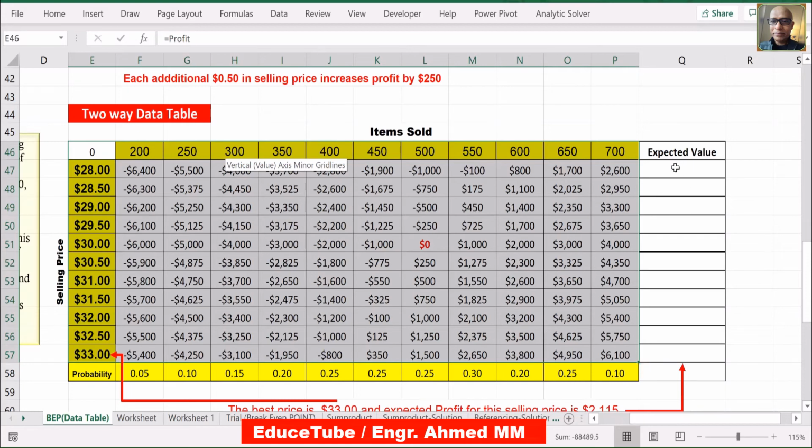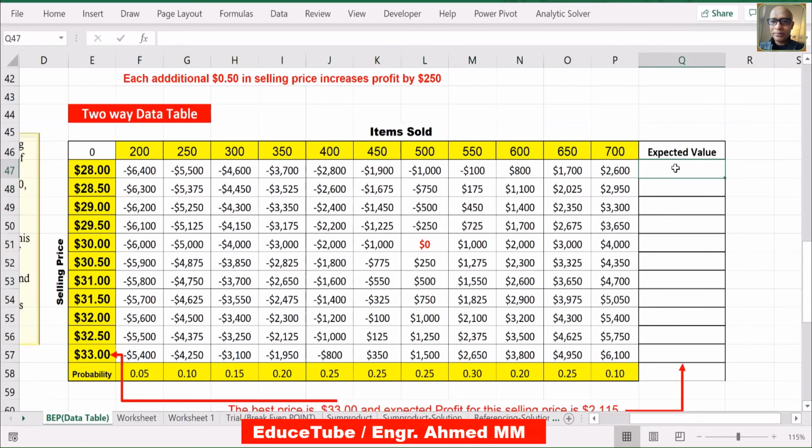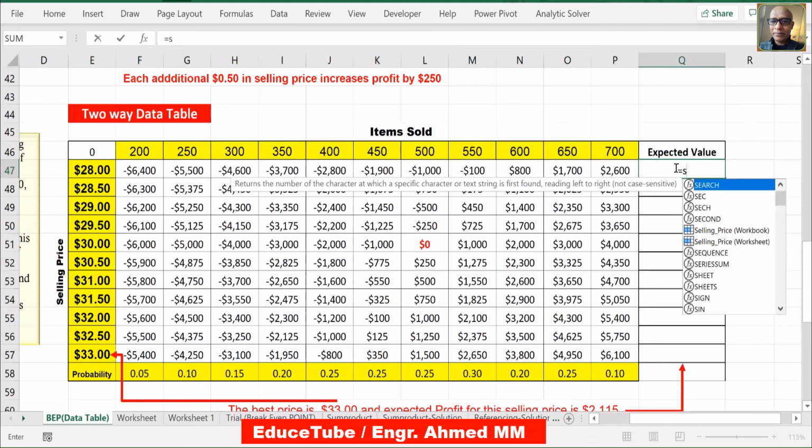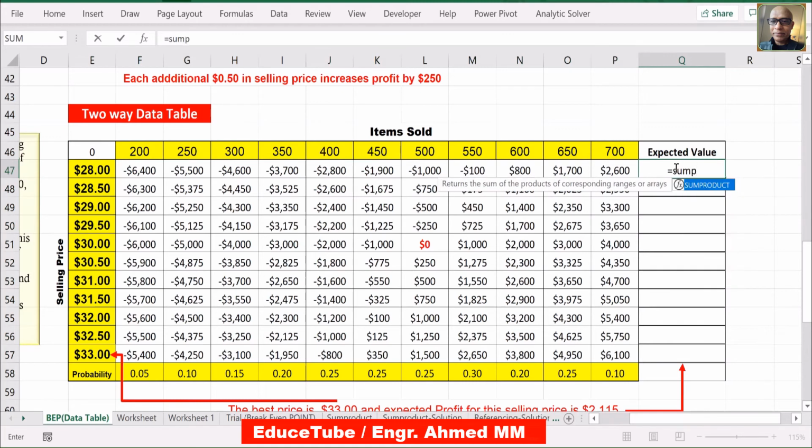Now I have to generate the expected value. How? Here I will use SUMPRODUCT. SUMPRODUCT, it already came. So in this case, which rows do I have to select? I am creating the expected value in this line, so I have to select this full row, from F47 to P47.